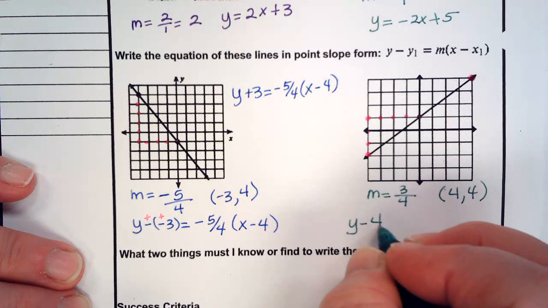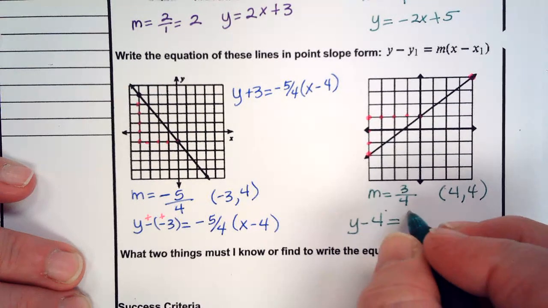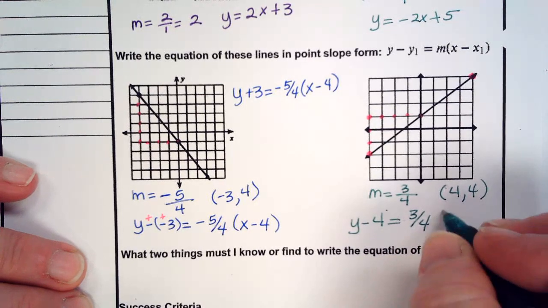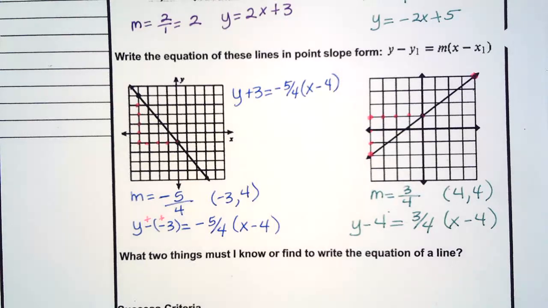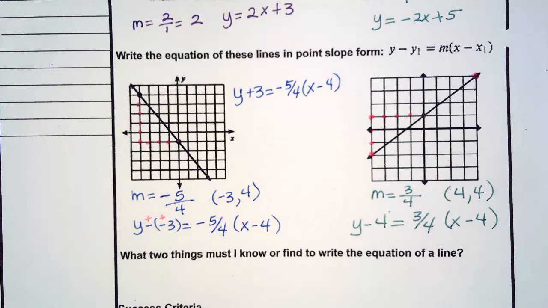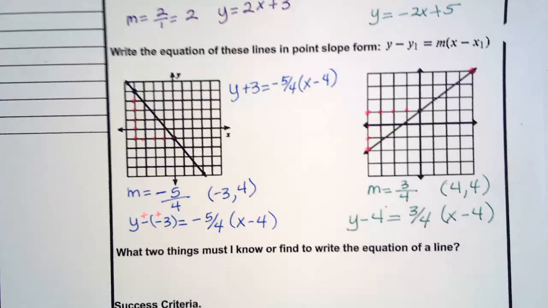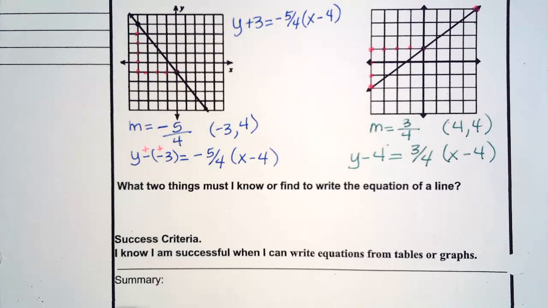Y minus 4 is equal to 3/4 of x minus 4, and that is the equation. I could have used negative 4, negative 2, and then it would have been y plus 2 is equal to 3/4 of x plus 4. It would have been the same equation, it just looks different. If you converted it into y-intercept form, it would be exactly the same.